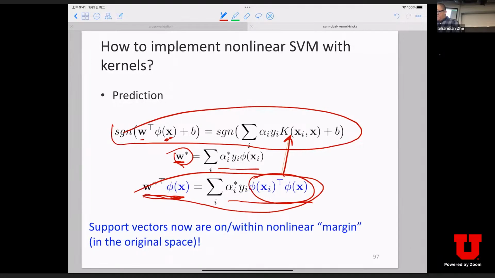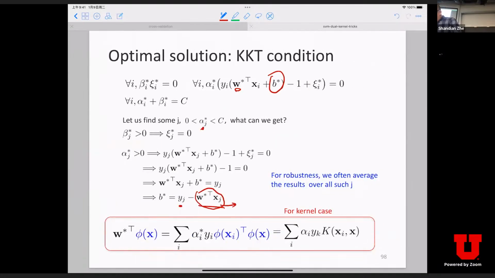So in the mapped feature space, if you want to recover the optimal B star, we need to compute the difference between your label and the dot product between your optimal weight vector and the mapped feature vector for the corresponding example. But we know that this can be computed by the kernel trick. This can be replaced by this, right? So when we recover B star, you don't need to explicitly compute W star either. You can still use the kernel trick.